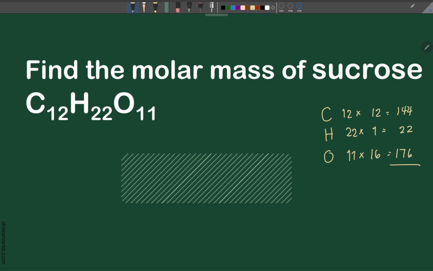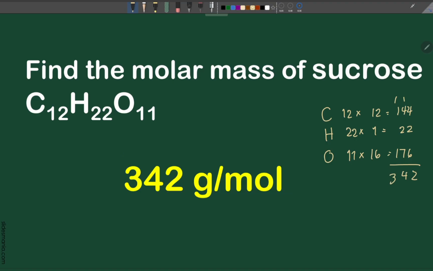Add this together and we get 342. Okay, 342 grams per mole.